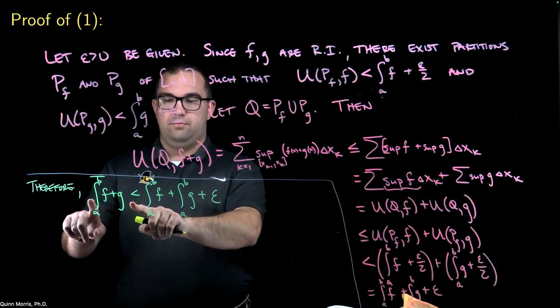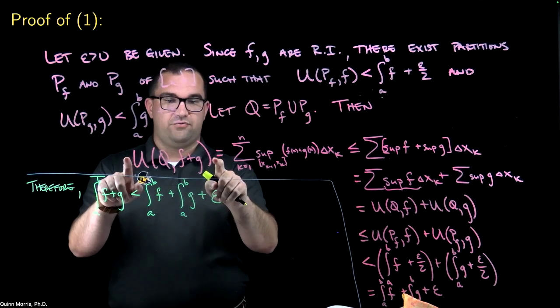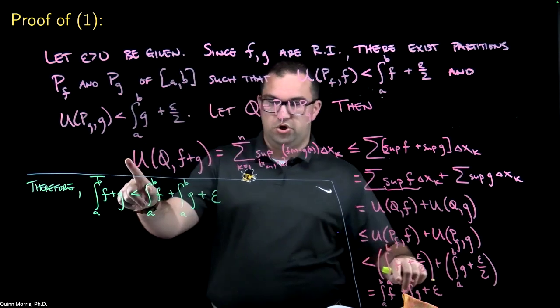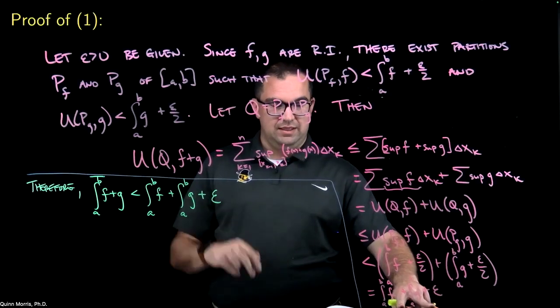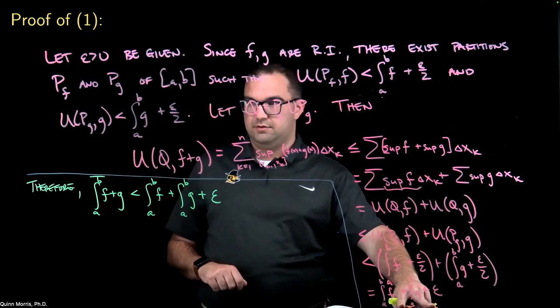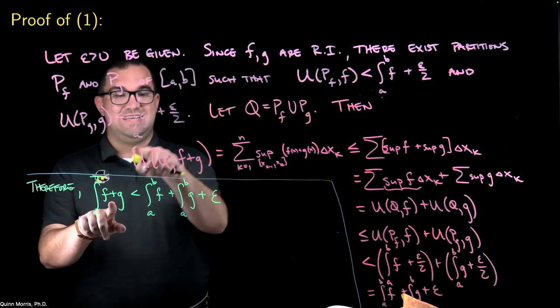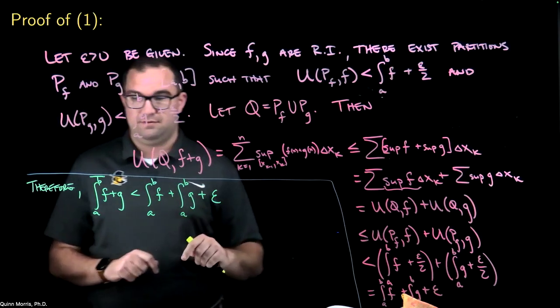This upper integral is the infimum of all of these things. What I've shown is for at least this one partition, Q, the value of this is strictly less than this integral from a to b of f plus integral from a to b of g plus epsilon. So certainly this thing, which is the infimum of all of these things, must also be less than that.